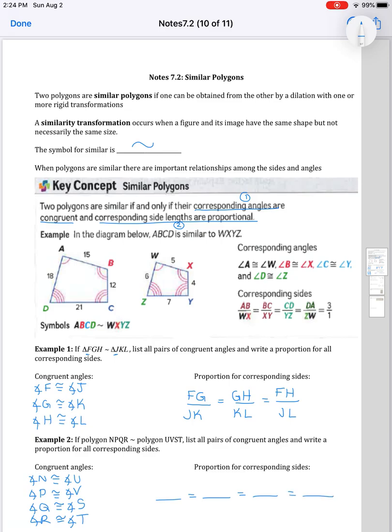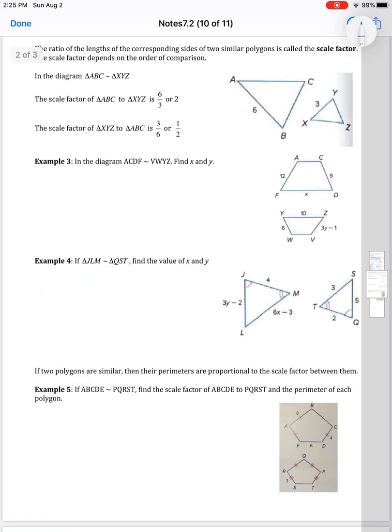With sides, it's 4 sides, which means I'm going to have 4 different ratios to work with, following the same trend as example 1. I'm going to take the first and the second of each, the second and the third, the third and the fourth, and the first and the fourth. And I have my 4 ratios.